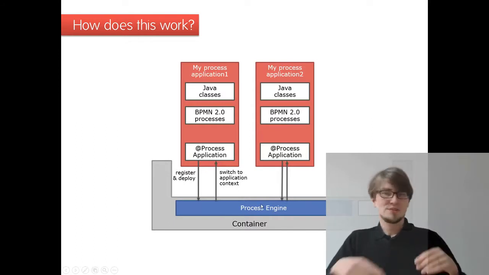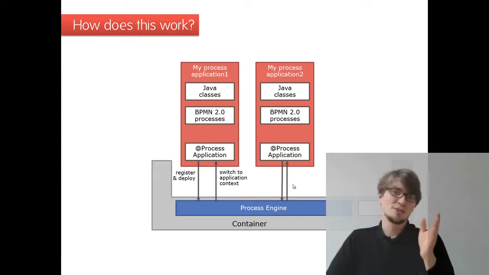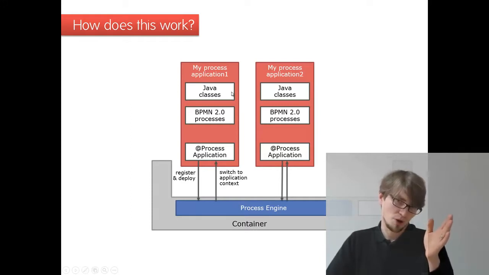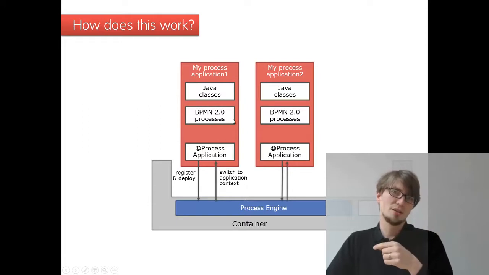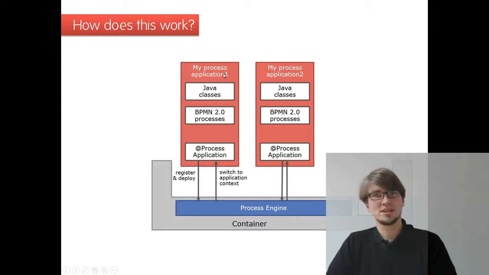So if the process engine runs, let's say, through a service task, it doesn't execute the service task within the context of the process engine, but it does a callback basically into that deployment. So we run in the class loader of that application, in the security context and these kinds of things, in that Spring context, in that CDI context. So we do a full context switch here.